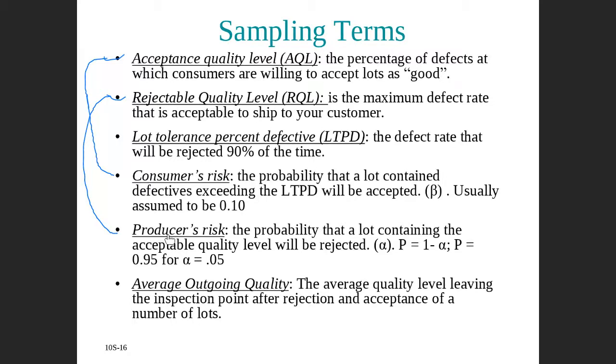His lot will be rejected even though it has good quality, and the consumer risk is the opposite. It is derived from the AQL. That means you have accepted a lot that has more than the acceptable defect rate.